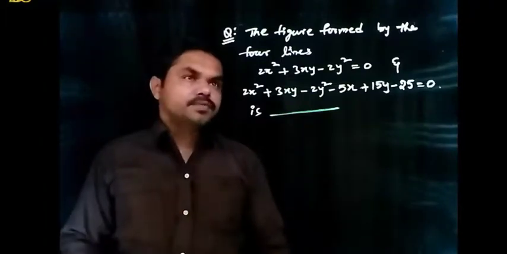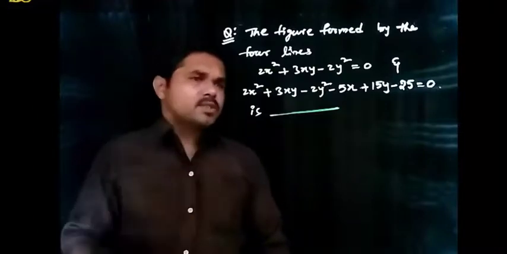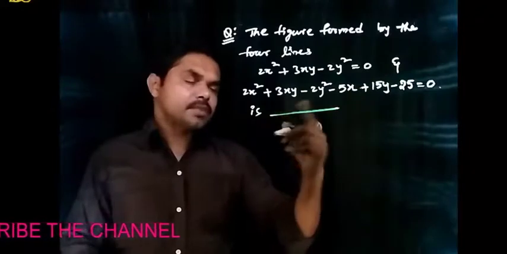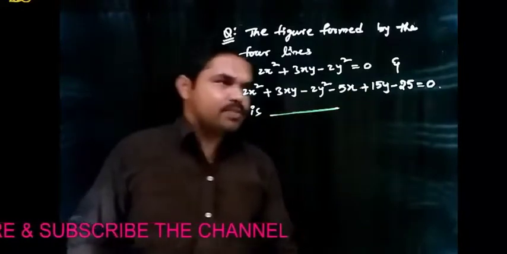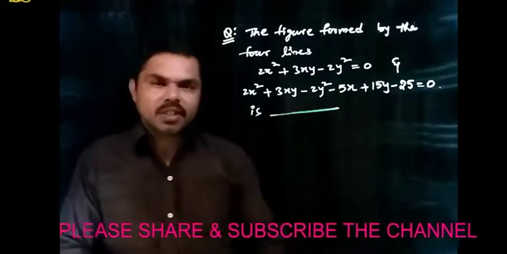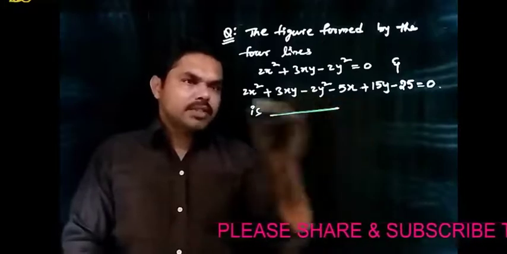Come to this question. The question is: the figure formed by the four lines 2x square plus 3xy minus 2y square equal to 0 and 2x square plus 3xy minus 2y square minus 5x plus 15y minus 25 equal to 0. What kind of quadrilateral should it be? We have to find. So for that, compare this equation with the general form.